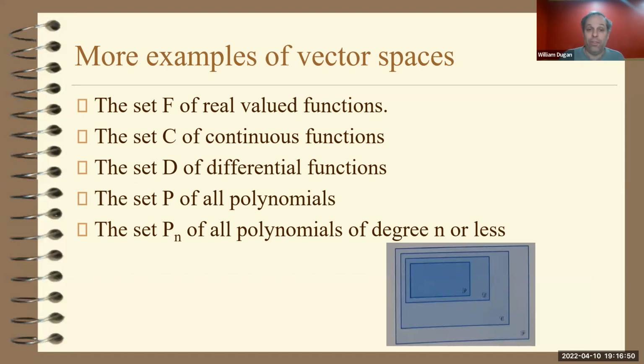Then you also get the set of polynomials as a subspace of all these others, and Pn, the set of all polynomials of degree n or less, not exactly n. We know that's not a vector space, but the set of all polynomials of degree n or less is indeed a subspace. And by the picture, you can see how they're all contained inside the next larger object.